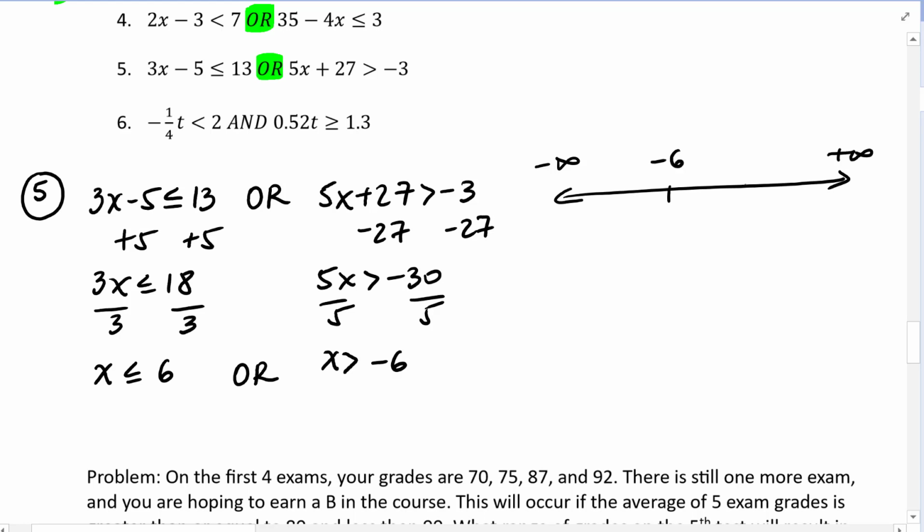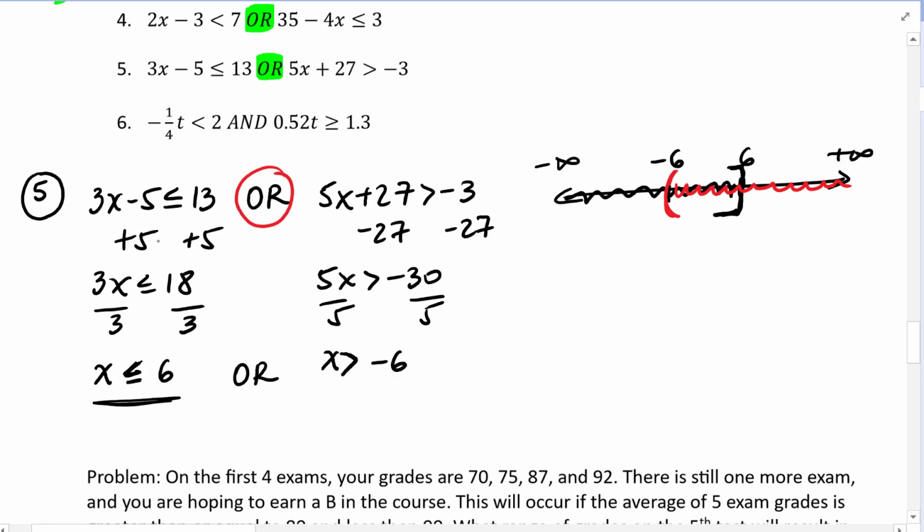Negative 6 would come first and 6 next. X less than or equal to 6 means shade everything to the left of 6 and put parentheses because of this sign, less than or equal to. And then greater than negative 6, but it's strictly greater. So I'm going to use red, which means from negative 6, greater values are like this.